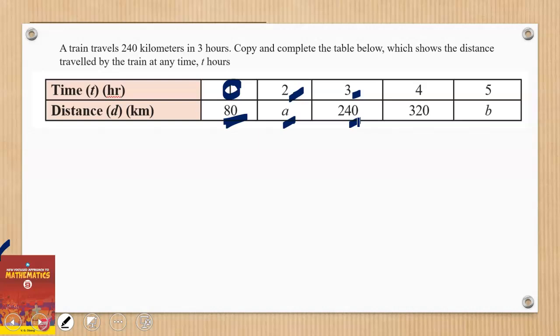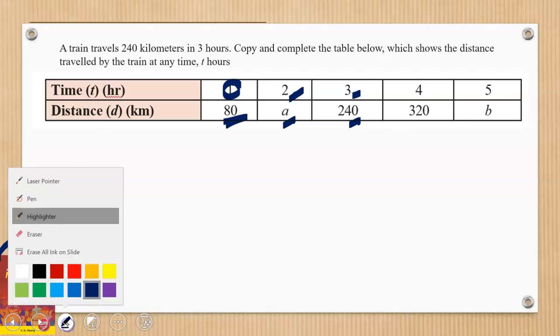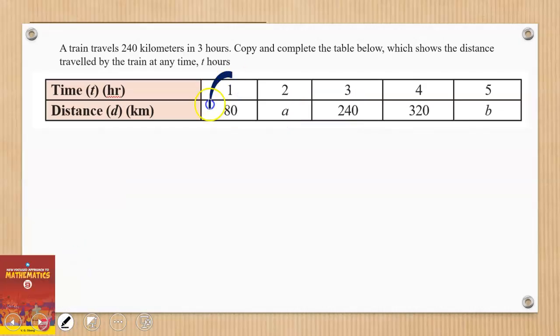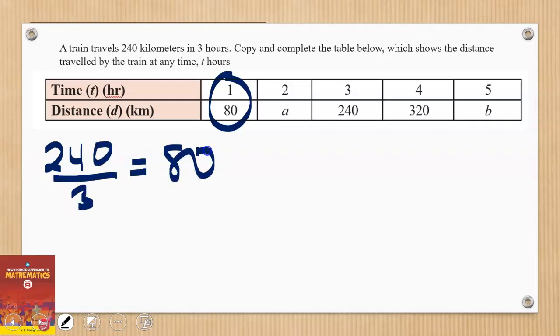So I want to know for every hour what will be the distance the train will travel. Even if I don't have that one, I can still do 240 divided by 3, and that will give me 80. So every 1 hour the train will travel 80 kilometers. So this is 80 kilometers per hour.